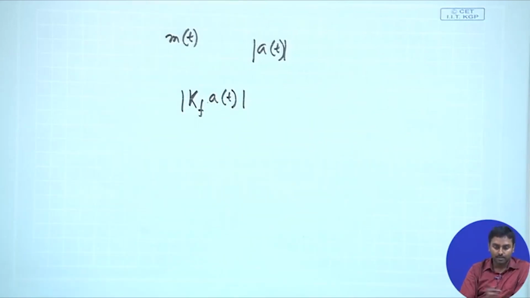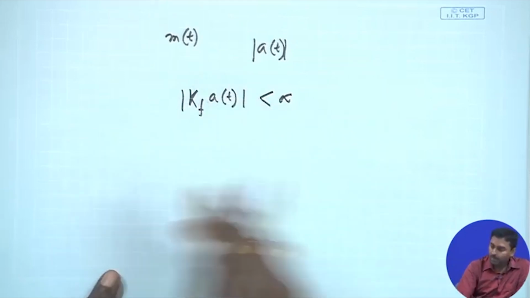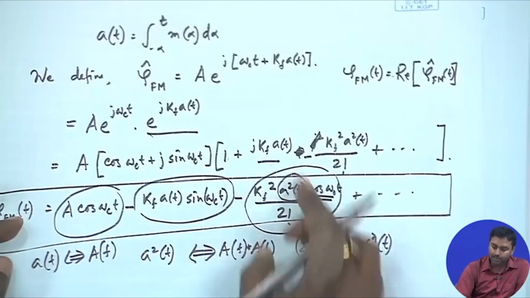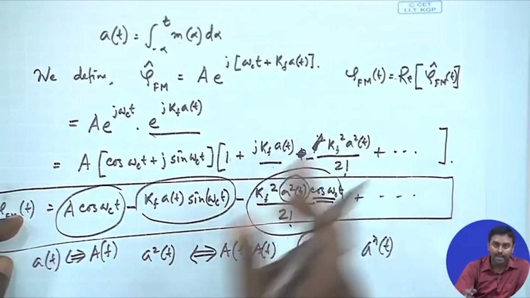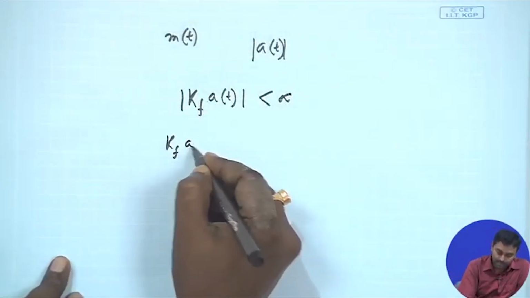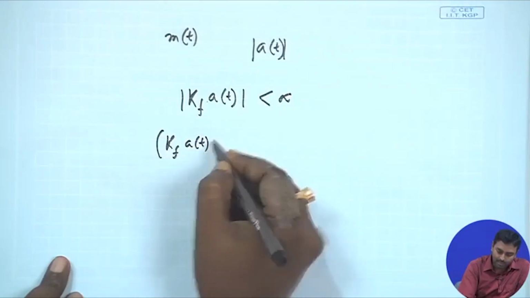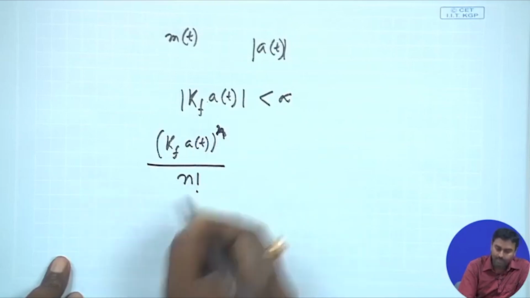So, this must be less than infinity. Now, for a bounded value, the nth term we inspect has K_f A(t) to the power n divided by factorial n.